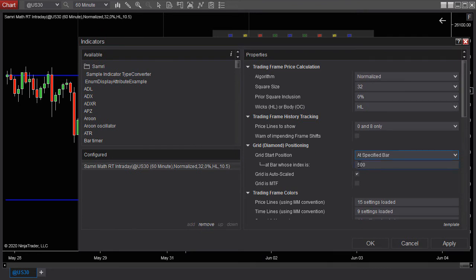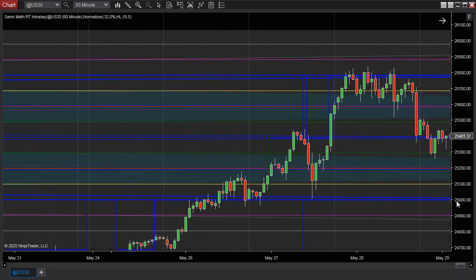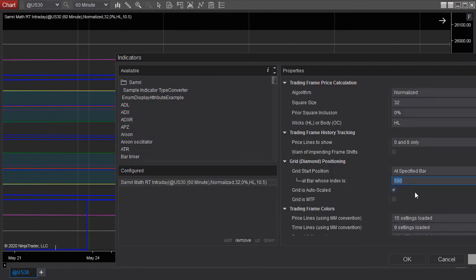I don't think you would be interested in this unless you are programming something. What this does, you see, NinjaTrader keeps a count of bars in its chart. Every bar has a number, so what I just did is I chose to start it at bar number 500.